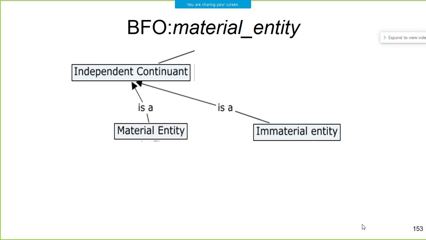And that means I'm using the word sugar in two different ways. On the one hand, I'm using the word sugar to refer to portions of sugar, which are real bits of material that I can have in my hand. But in the second way, I'm using it to refer to the kind, sugar.